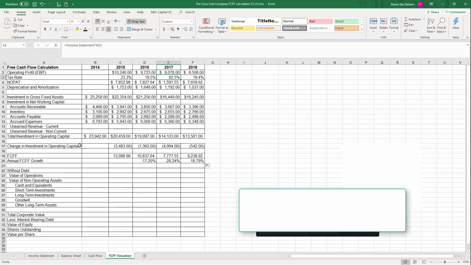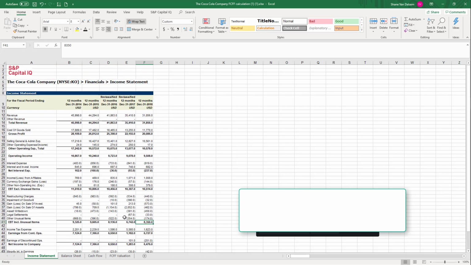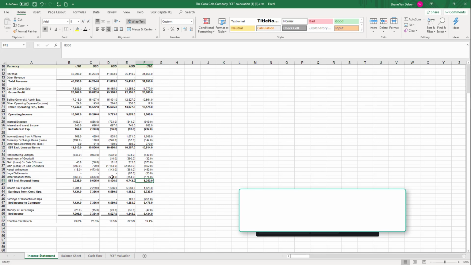If we take a look at their income statement, we can see the net income also fell dramatically in that year. So we really wouldn't want to take into account 2017 as kind of a normal year for Coca-Cola. Clearly they divested in some of their assets, and they had a loss on the sale of assets that was pretty significant in that year, and that's non-recurring.